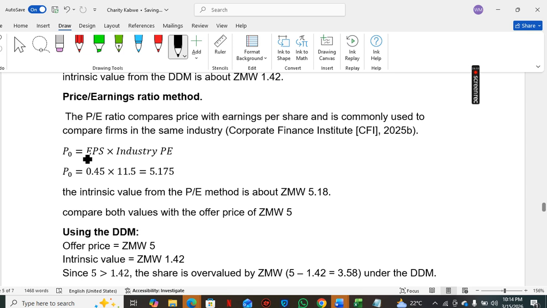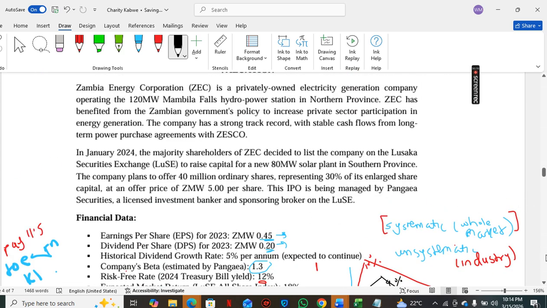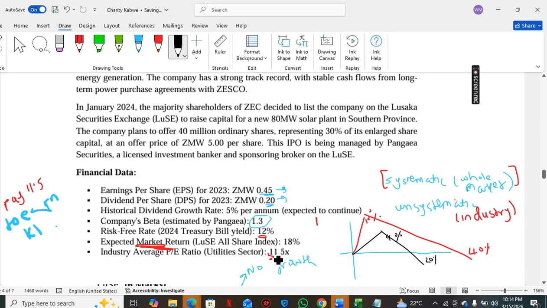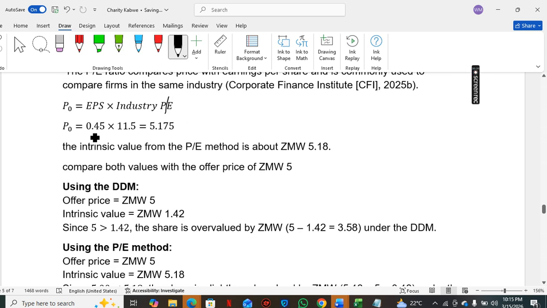Alright, the PE ratio method is the earnings per share multiplied by the industry average PE. So we can see these figures. The industry average price to earnings ratio is 11.5. Earnings per share of ZEC is 0.45. So I'm going to say 0.45 multiplied by 11.5. You get 5.175, which you can round off to 5.18.